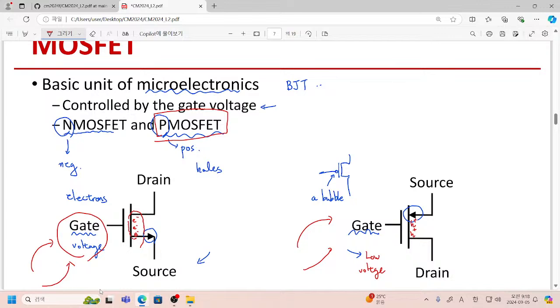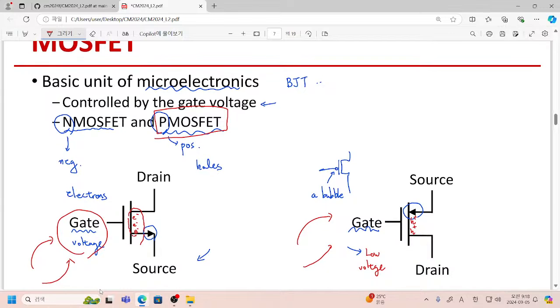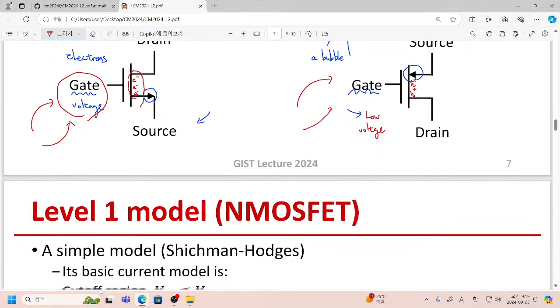Fortunately, in the case of silicon, I don't know why, but we have more or less comparable devices, operating both in an electron way and a hole way. So I think it is really good to have these two devices.